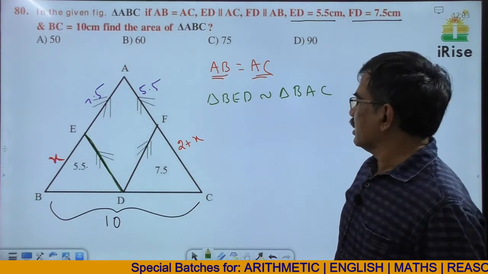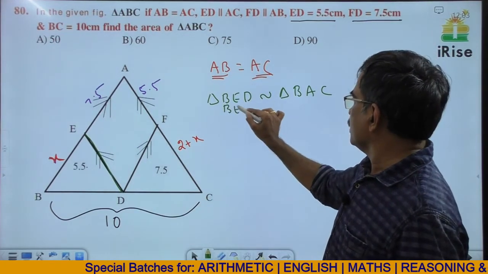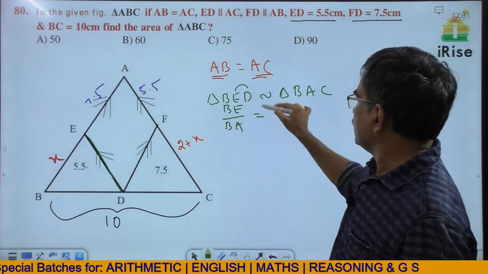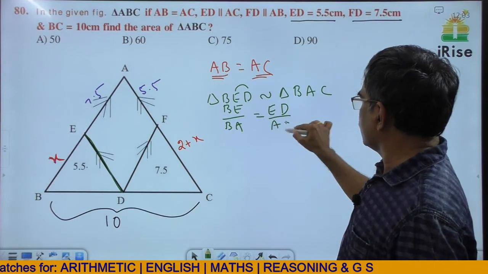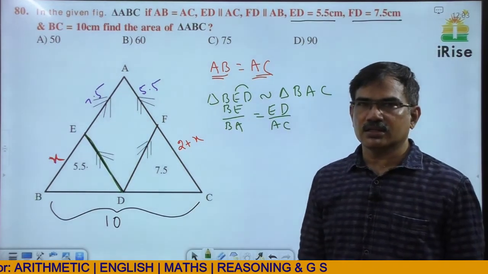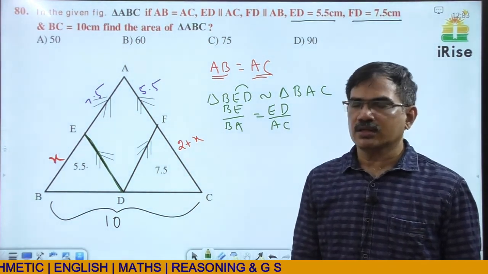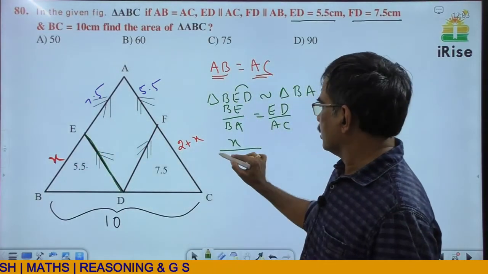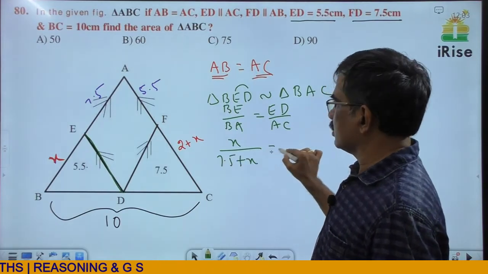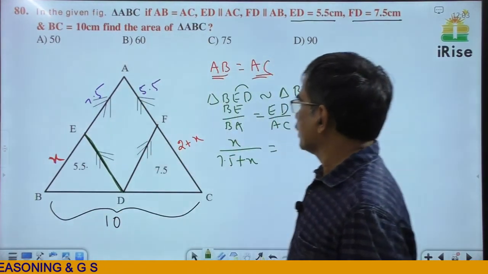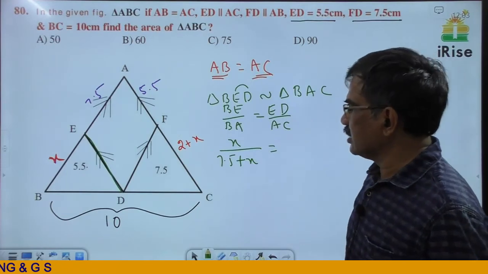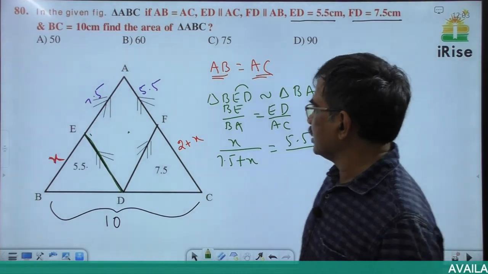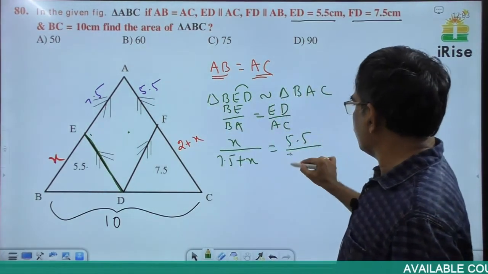Therefore BE by BA is equal to ED by AC. If two similar triangles are there, corresponding sides are proportional. BE x by BA 7.5 plus x is equal to ED 5.5 by AC, total AC is also 7.5 plus x.